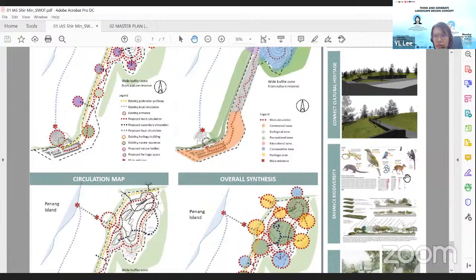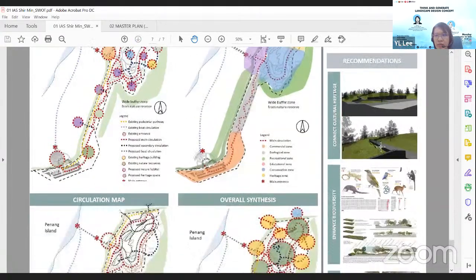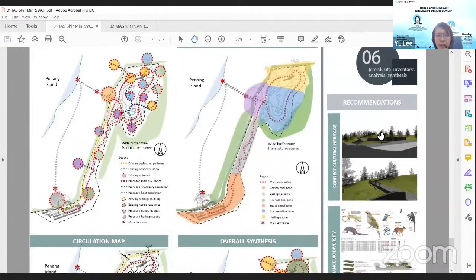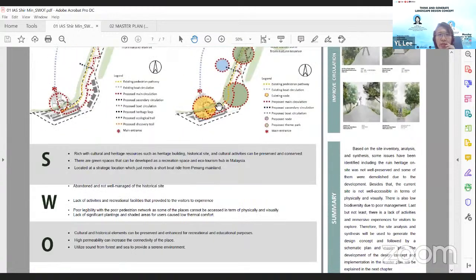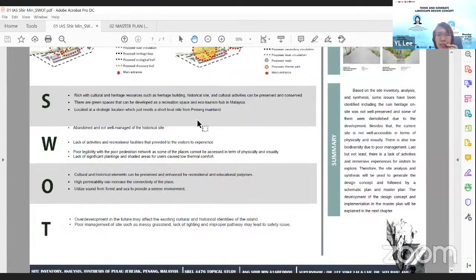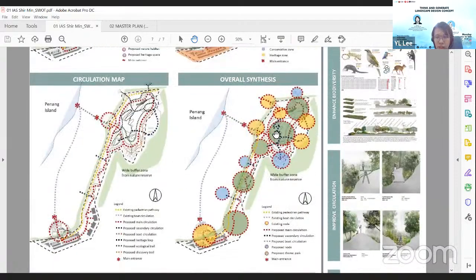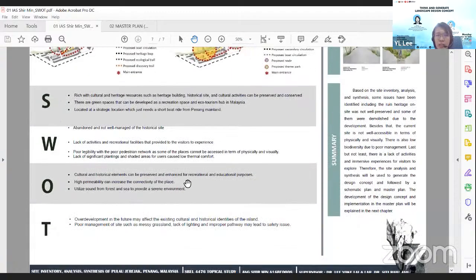Her recommendation she put at the right of the inventory, and last with the SWOT analysis. I would like to remind all the students, it's good that every time you finish your synthesis plan, please do a SWOT analysis, because the SWOT analysis is the summary of all your inventory analysis.